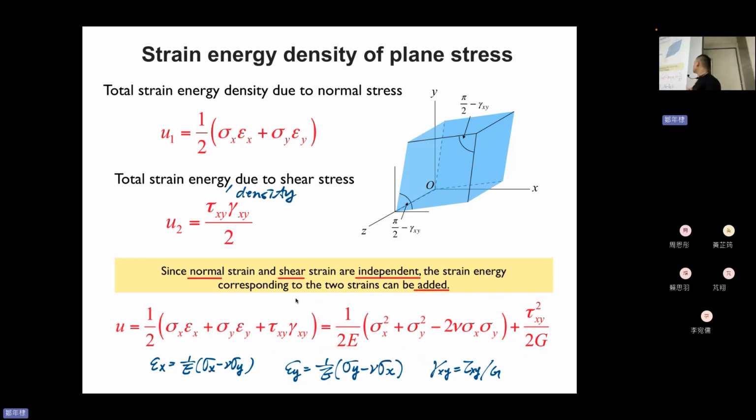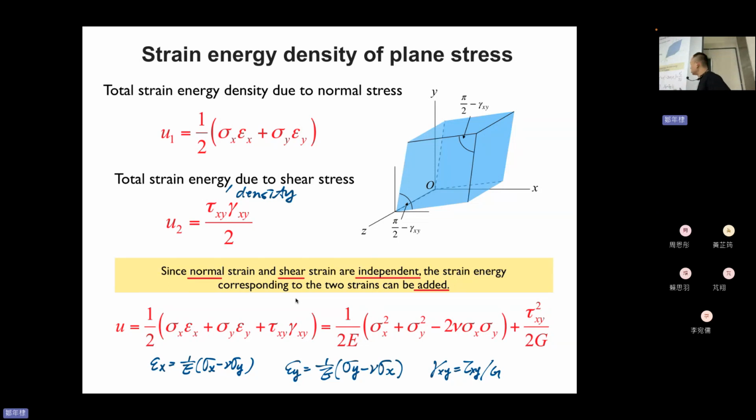Which means that all you need to do is know the stress and the material properties, and you can get the strain energy density. Okay, that's it. Easy, right?